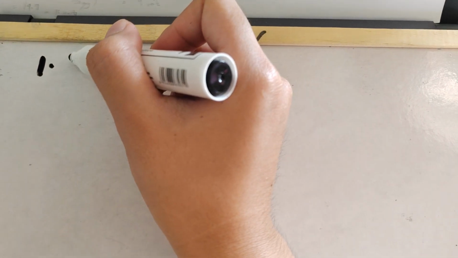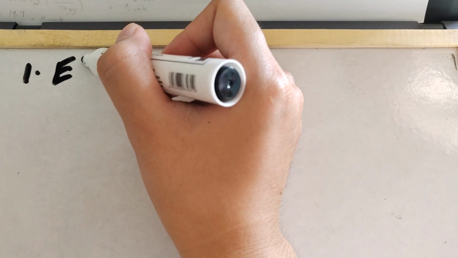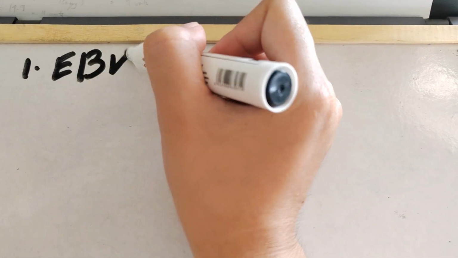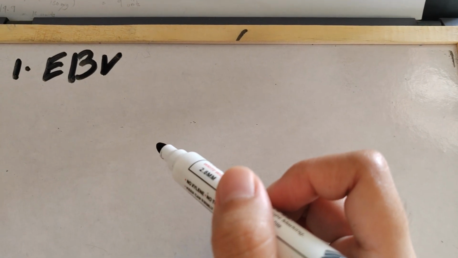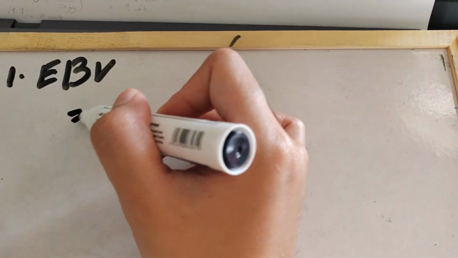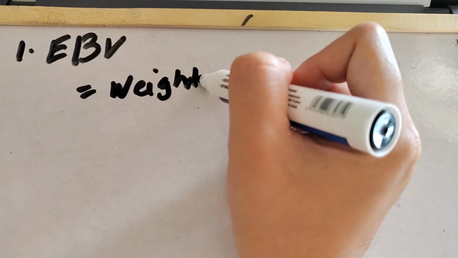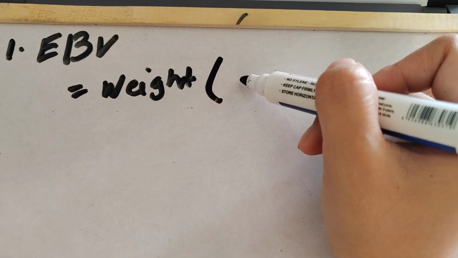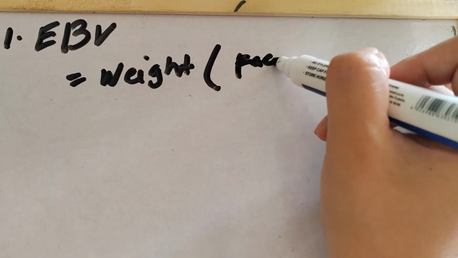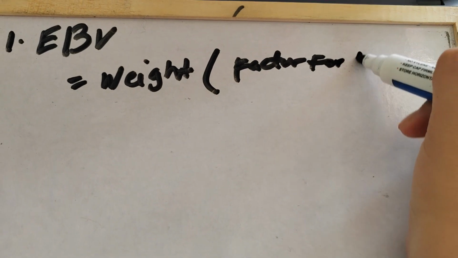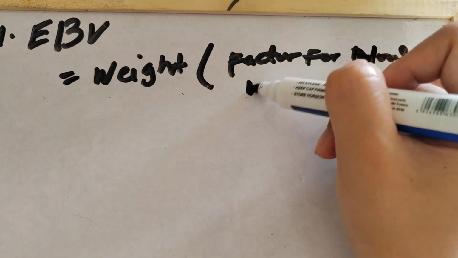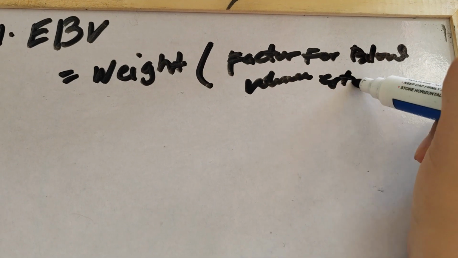Number 1, first step, we are going to determine the estimated blood volume or EBV. The formula for this equals the weight of the patient times factor for blood volume estimation.